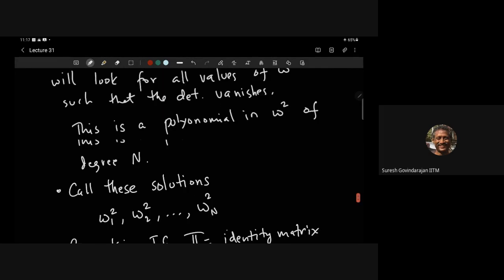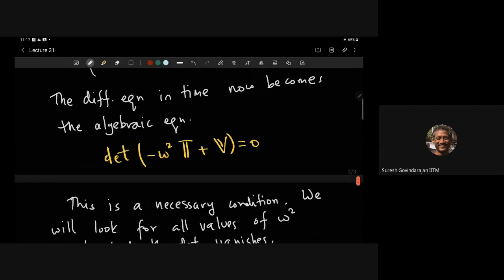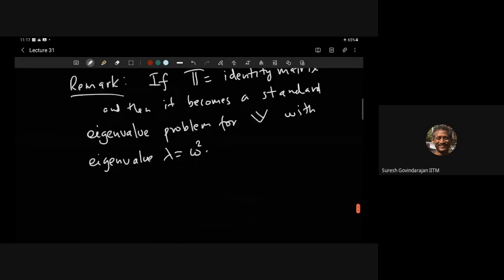Come back here and look at this equation. If T is just identity and you replace omega square by lambda, then you get the standard eigenvalue equation.